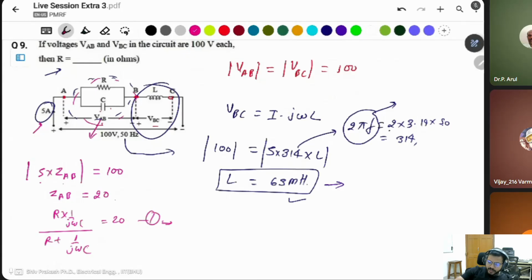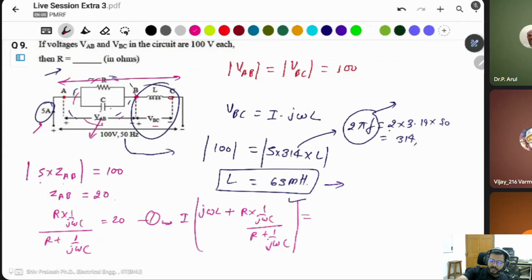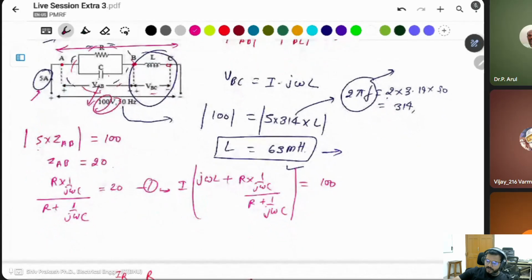Another equation you have to take: j omega L plus R into 1 by j omega C divided by R plus 1 by j omega C, the magnitude of this thing into I is equal to 100, which is given. This voltage is also 20.